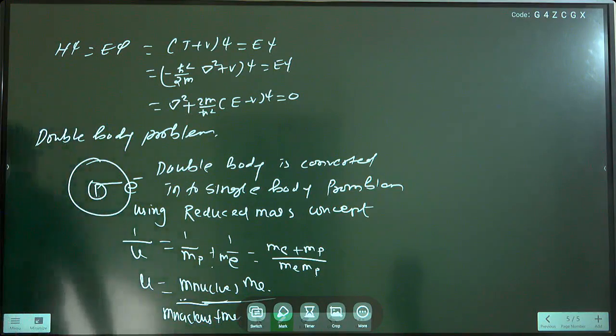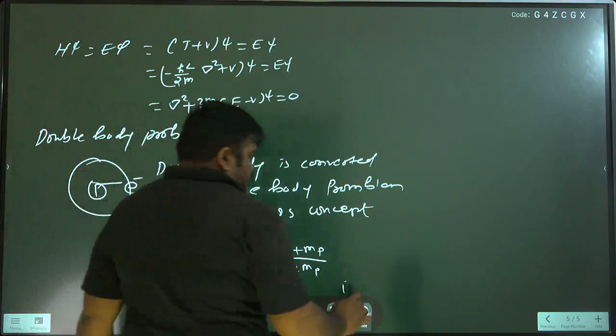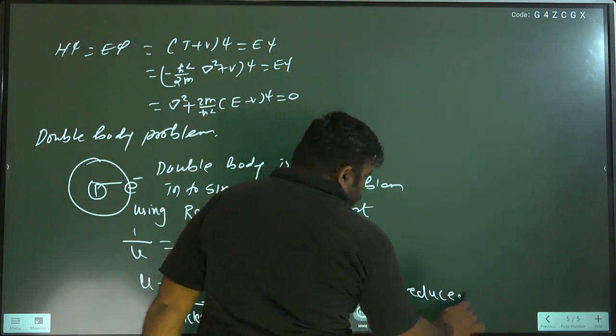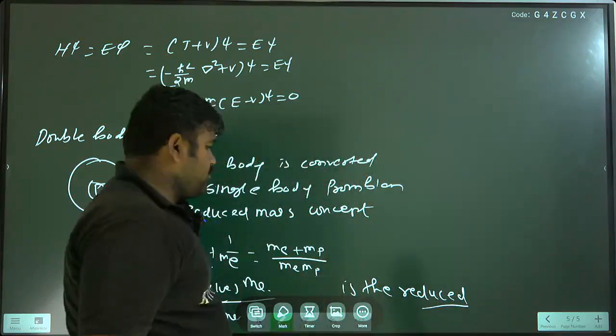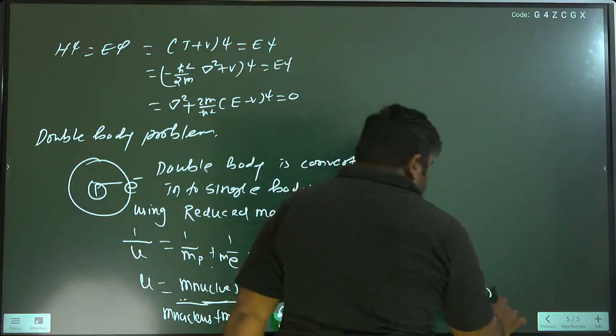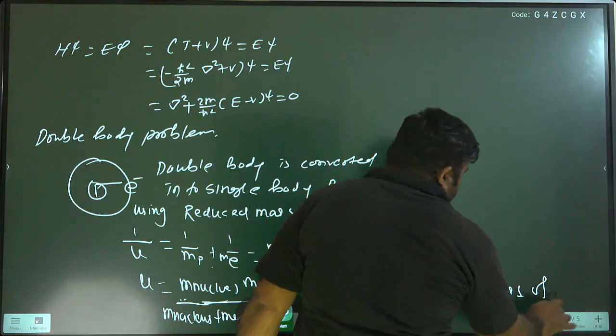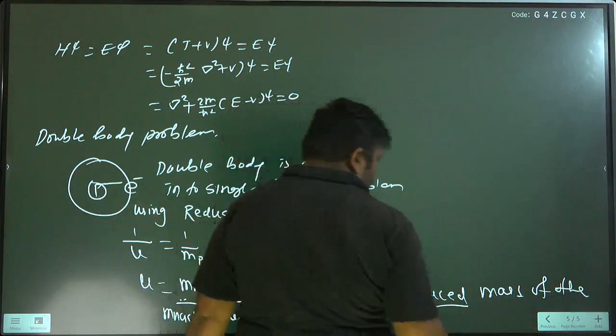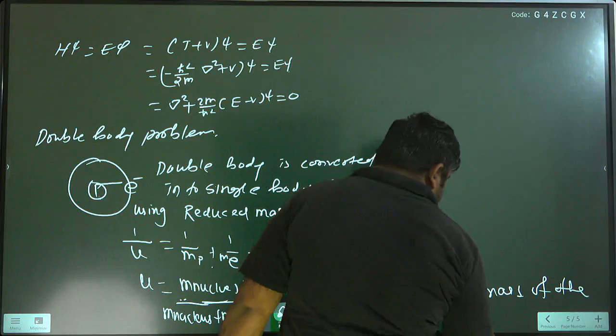Okay, this is the reduced mass of the system. Yes or no? ये जो है ना वो reduced mass है of the system. समझ में आ रहा है? दो particles, means first is a nucleus, second is an electron.